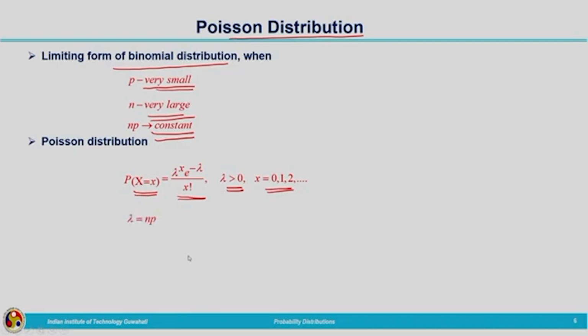In this case, lambda is given by NP, that is considered as the parameter of the Poisson distribution. This is named as the shape parameter of the probability distribution. In the case of Poisson distribution, the shape parameter is given by lambda, that is nothing but NP.